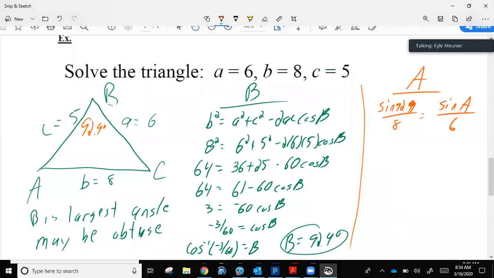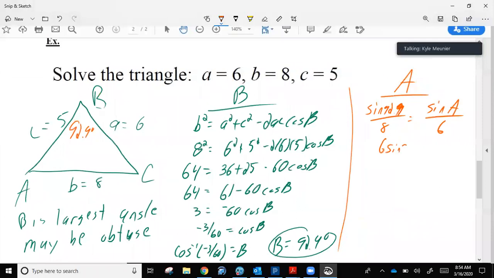So I'm going to find angle A. I can do the sine of 92.9 over B, 8, equal to the unknown sine A over its opposite side of 6. Move the 6 over. So 6 sine of 92.9 over 8 equals the sine of A. Take the inverse, and go back to my calculator.